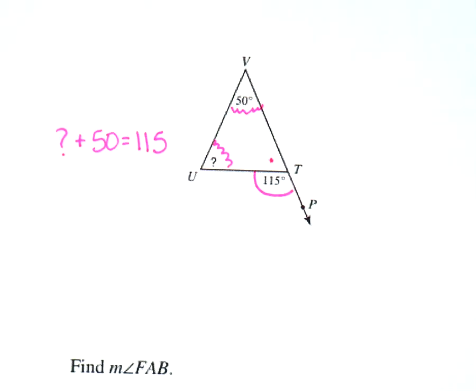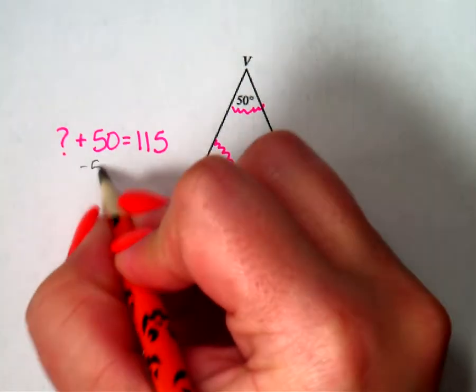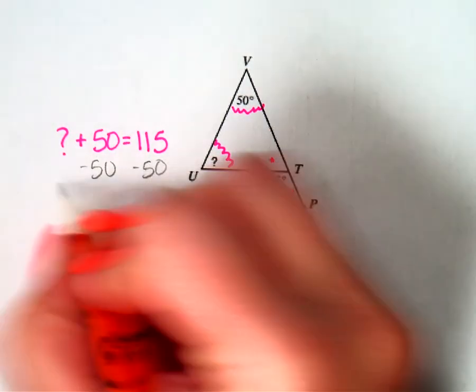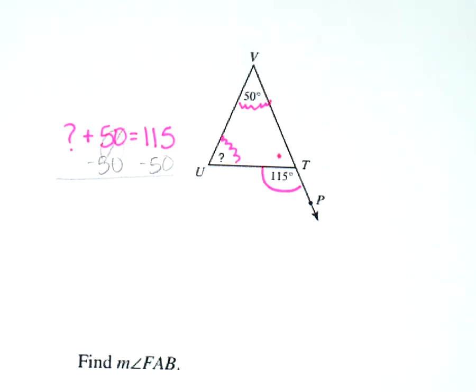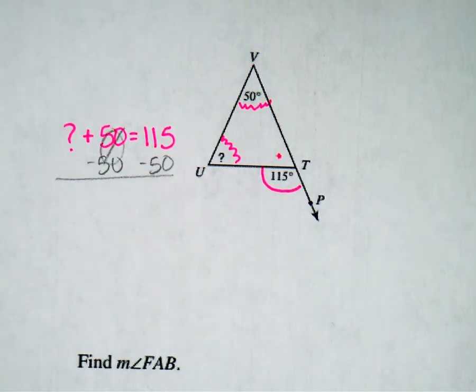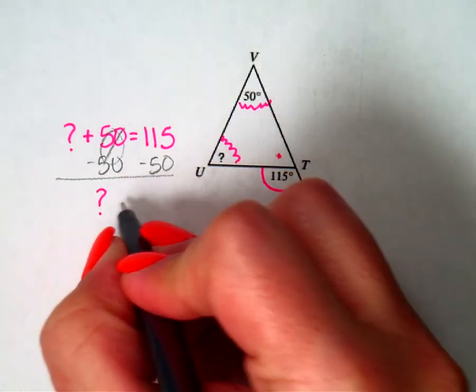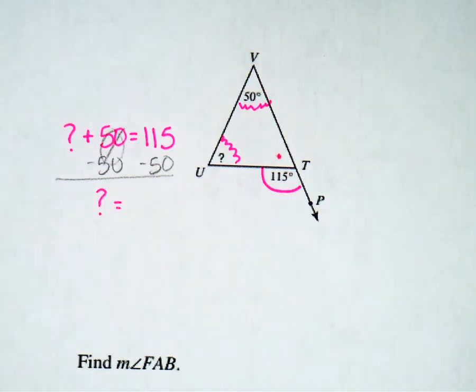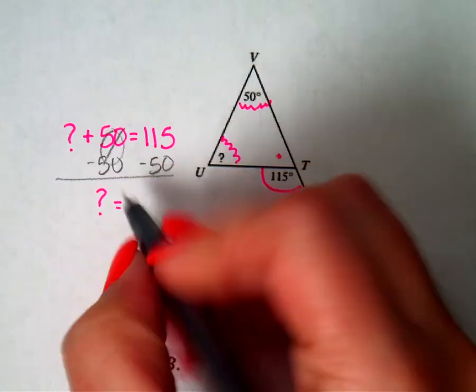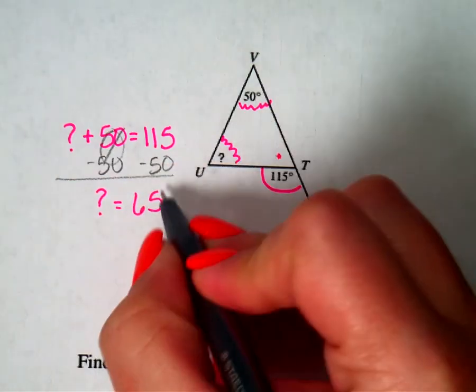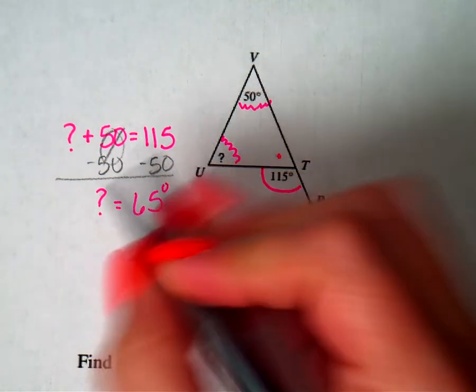So again, I'm going to have to do my subtraction property of equality and subtract 50 on both sides so that I get a question mark equals 115 minus 50, which is 65. And it's an angle, so we're going to say 65 degrees.